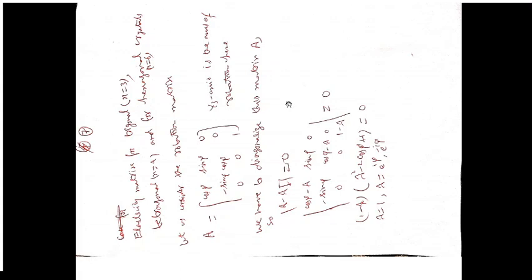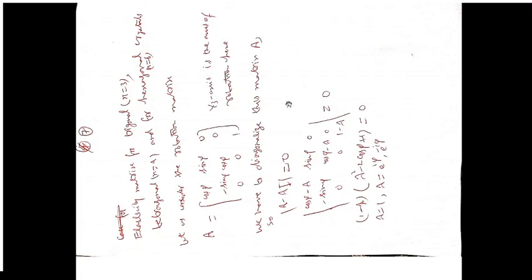That is, there should be a non-singular S matrix of order n by n in such a way that B equals S inverse A S. Then we say that A and B are similar to each other. When A and B are similar, their eigenvalues are the same. This is the characteristic of similar matrices.